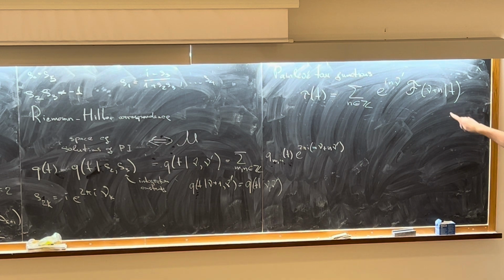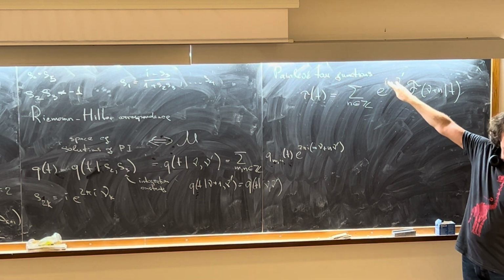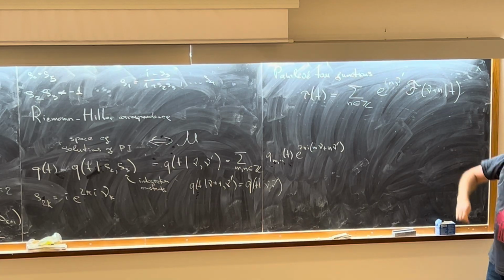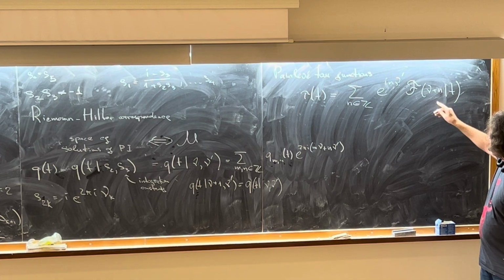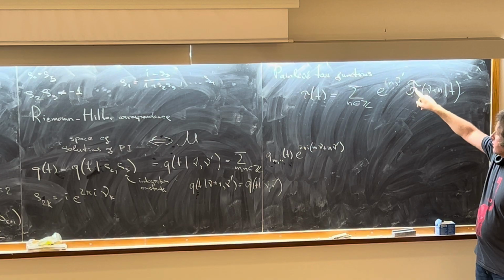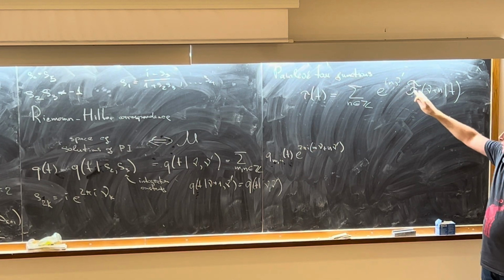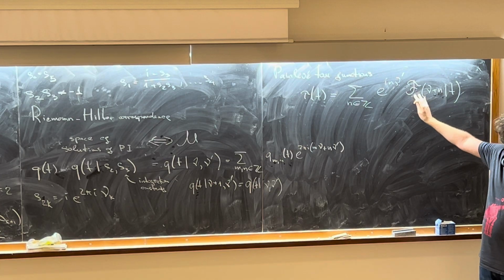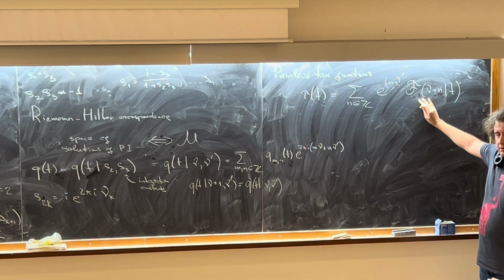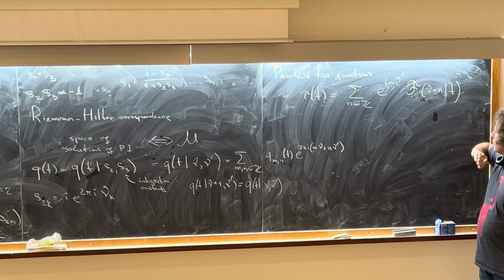So I use the same variables as in P1, but you have analogs of this for all the other Painlevé equations. And this function f, depending on the context, sometimes coincides with c equal to 1 Virasoro conformal blocks.